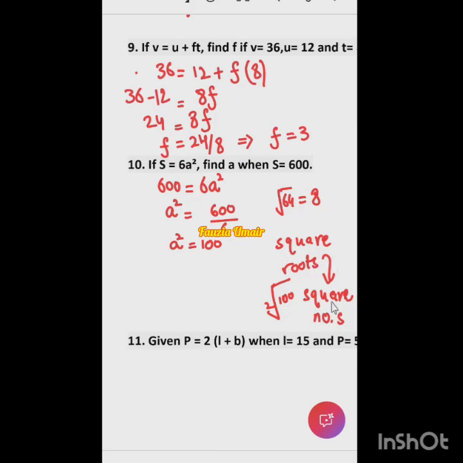If there is a square number, you take the square root, you will get the original number back. So we can write it down as a square is equal to 10 square. Now we can take the square roots on both sides, and the 2 and the square root will be cancelled. So a will be 10.